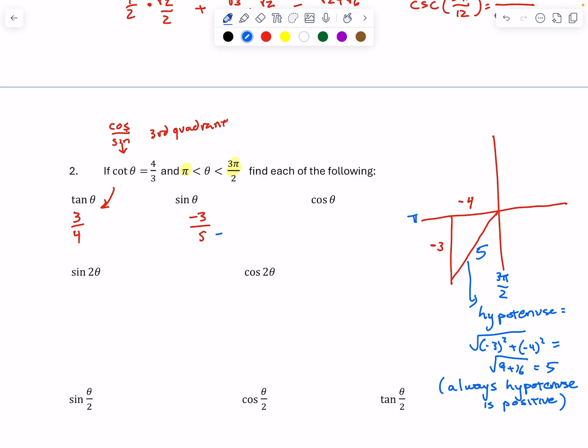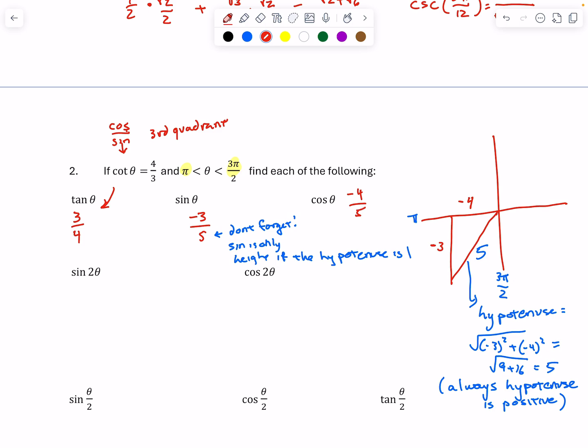So I'll write a note. Okay, cosine is adjacent over hypotenuse.